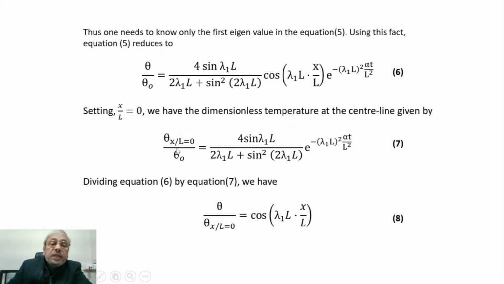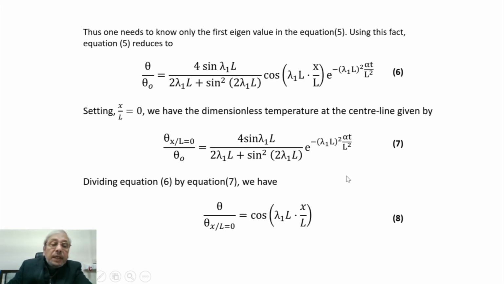So theta at x by L equal to 0 over theta naught reduces to 4 sine lambda 1L divided by twice lambda 1L plus sine twice lambda 1L, into e to the power minus lambda 1L square alpha t by L square.